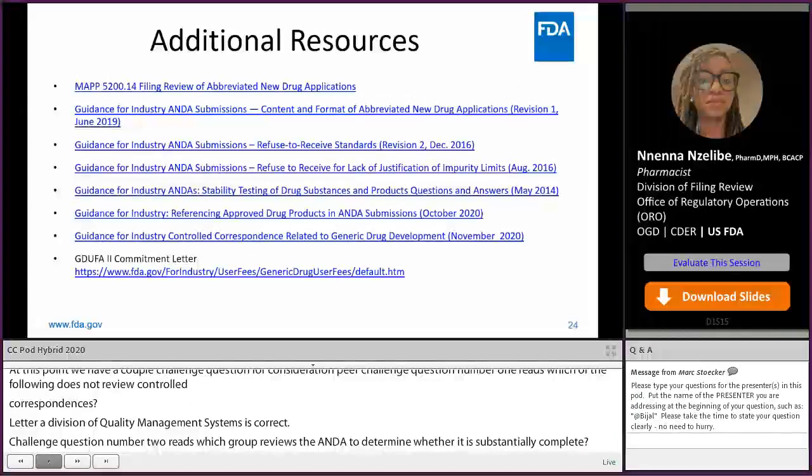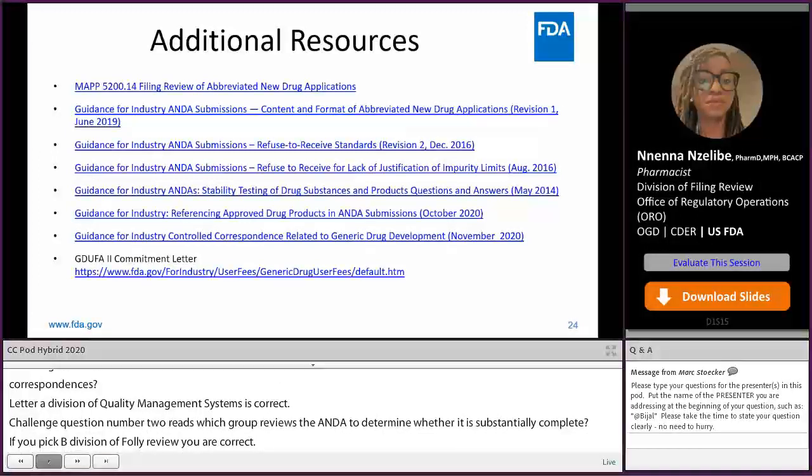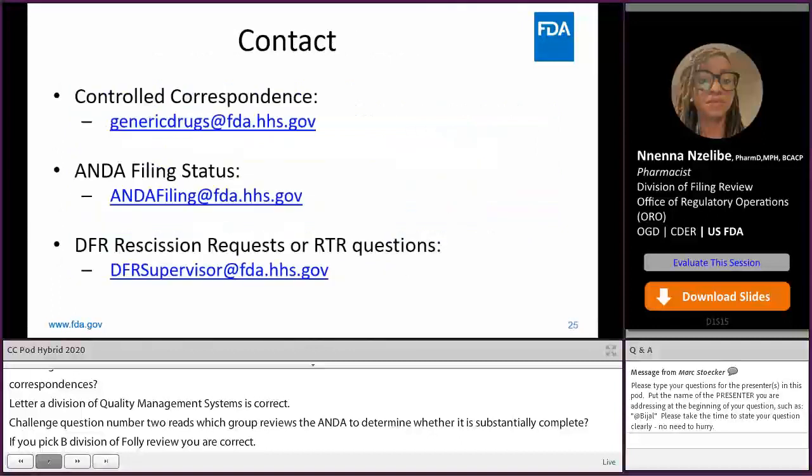So on this slide, we've listed some additional resources for you. It includes some helpful guidances as well as a map and the GDUFA2 commitment letter. And on here, we have some of our contact information. So if you have any questions pertaining to controlled correspondences, please send an email to genericdrugs@fda.hhs.gov.